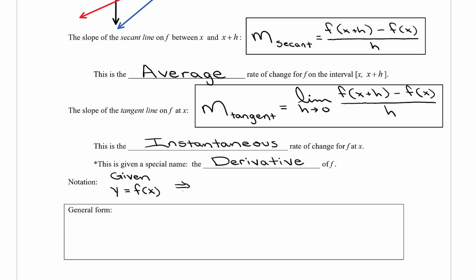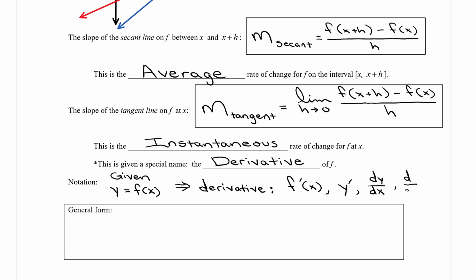So different ways we can represent the derivative, given that y is equal to f of x, would be, I'm going to draw an arrow here pointing to the right, and on the right hand side of this arrow I'm going to write the different representations that we can use to represent the derivative. We can write it as the derivative of f of x, and sometimes we call this also f prime of x. We can write this as the derivative of y, or y prime.